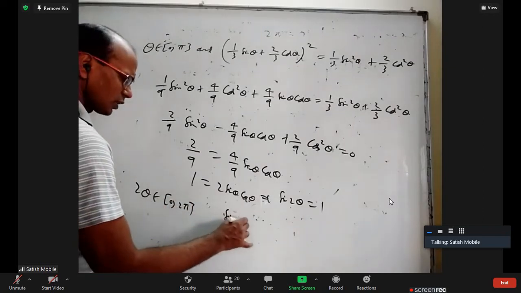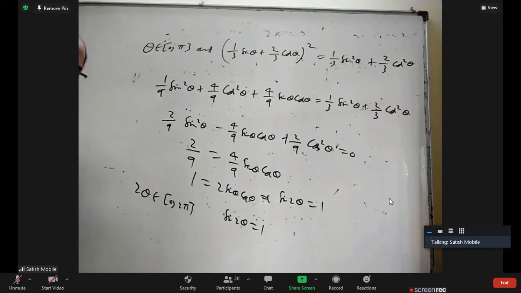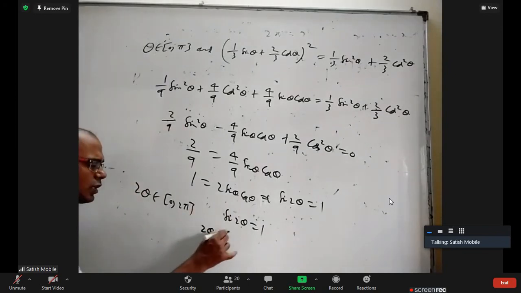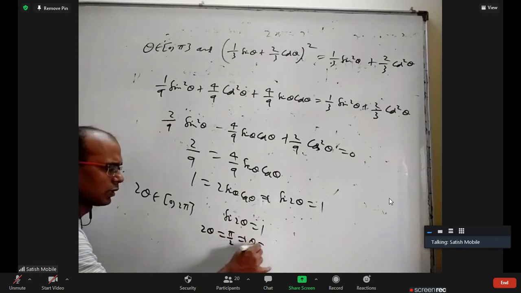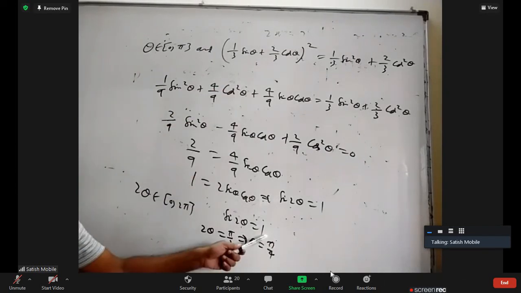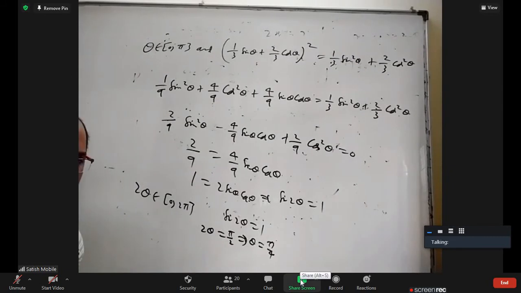In that, I want sine 2 theta to be 1. In one full rotation, sine 2 theta equal to 1 has only one solution, which is 2 theta equal to pi by 2, so theta equal to pi by 4 is the only solution. So basically, between 0 to pi, how many solutions are there? Other than that, there are a lot of other solutions, but between 0 to pi, only one solution.